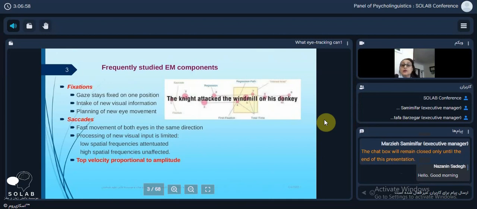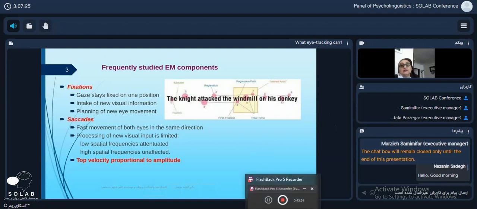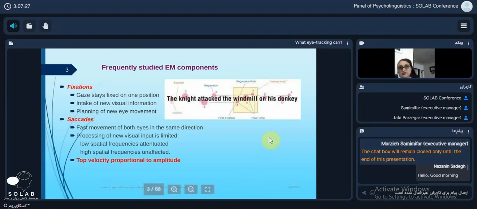There are some components that we have to know in the laboratory when we work with eye tracking. One of these, which you should estimate and apply in the statistical part of your study, is fixations. What are fixations? I just mention the reading part because we can't explain the whole of eye tracking; it's very, very vast.